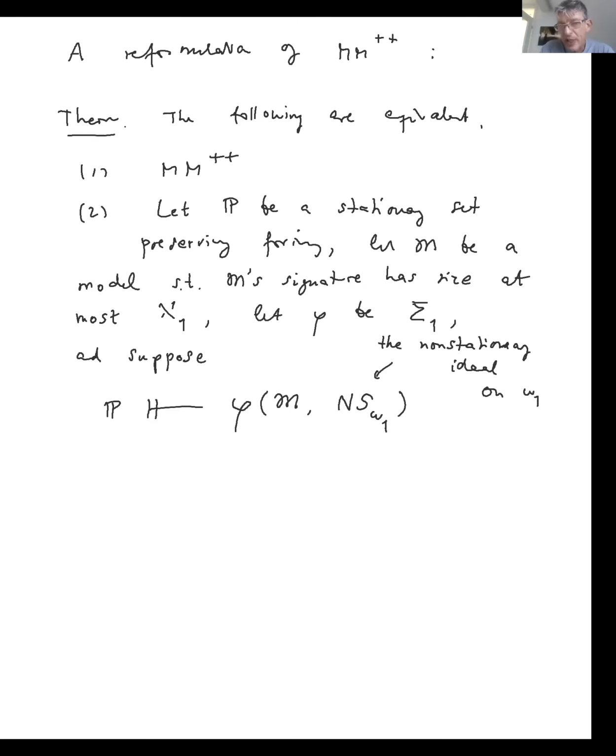So what I mean when I write NS sub omega 1 here: if you force with P, you're not going to change the answer to the question whether some subset of omega 1 which exists in the ground model is stationary or non-stationary. But there may be new subsets of omega 1 in the extension, so there is a new version of the non-stationary ideal in the extension.